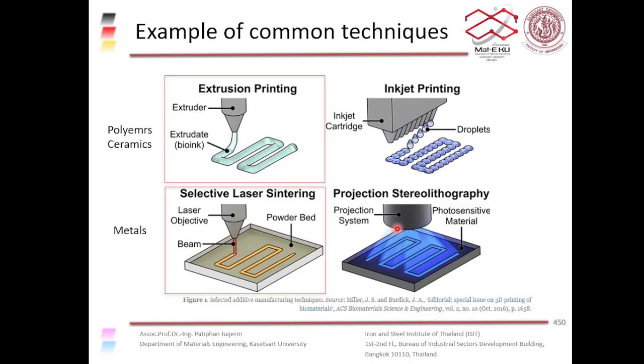Projection stereolithography. This technique has been around for a while, but not for 3D printing. It has been used to produce microchips. You might have heard the chips are using 3 nanometer technology, 5 nanometer technology. The 3 nanometer or 5 nanometer that they are referring to is the wavelength of the light used for the stereolithography technique, right?